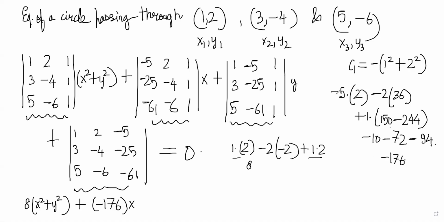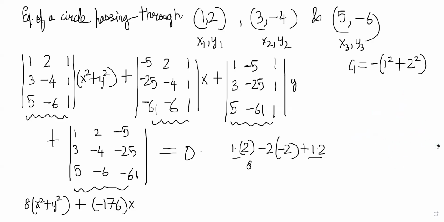And the third determinant is clearly becoming 1 into minus 25 minus minus 61. So plus 61. So 36 minus minus 5 plus 5 into 3 minus 5. So minus 2 plus 1 into minus 183 minus minus, so plus 125.